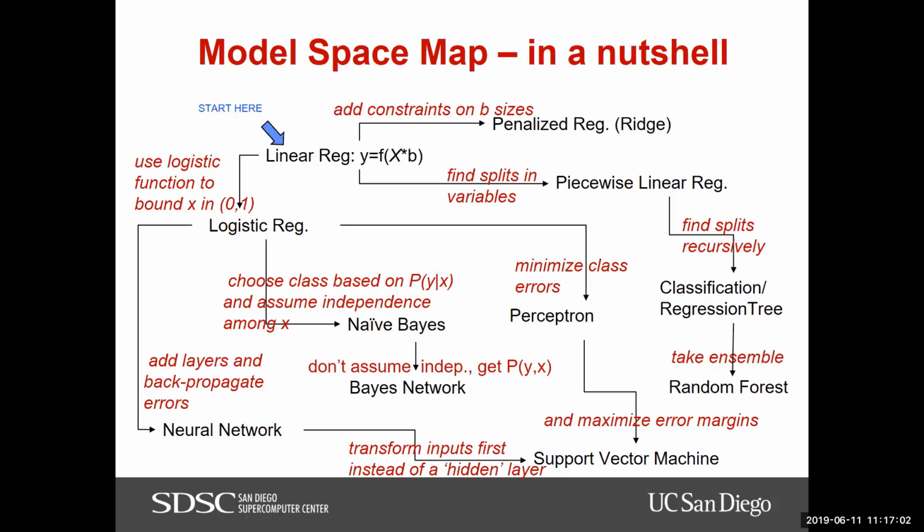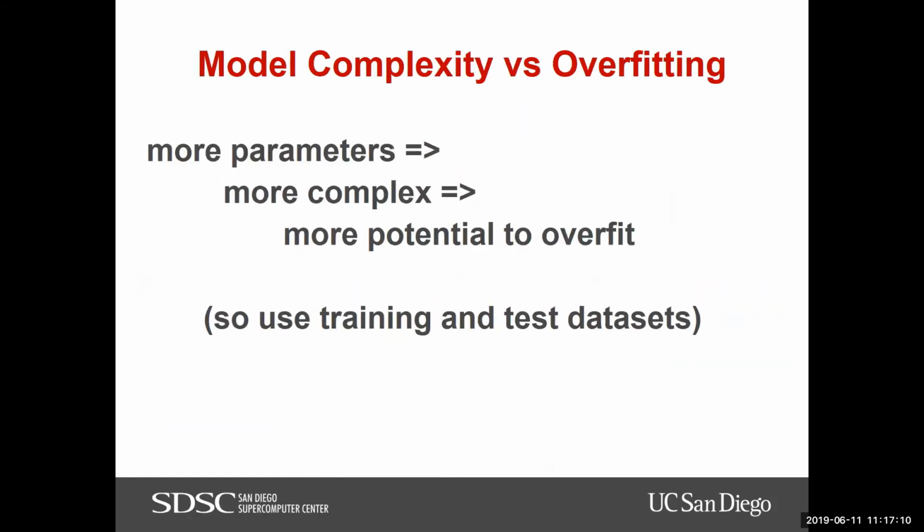I'm not going to go through this in detail, of course, but I just want to show you the basic idea of what we're doing with modeling. And when we do this in practice, we have to keep in mind that model complexity can sometimes lead to overfitting. If you have more parameters, that could be good because you can have more complicated functions, but it's more complicated and there's more potential to overfit.